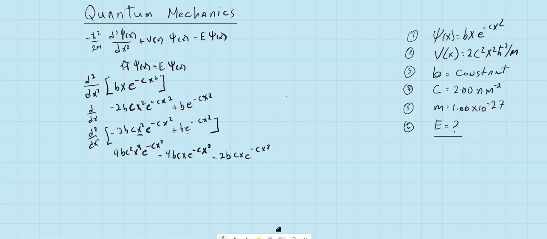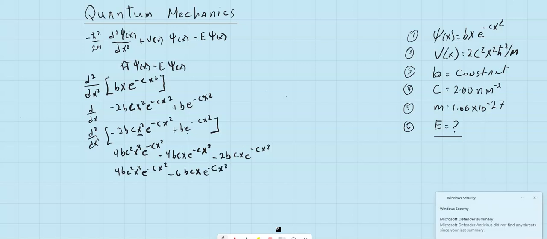Minus 4 and minus 2, it's the same thing, so we're going to add that up. Once we simplify that derivative, it's going to be 4 b c squared x cubed e to the negative c x squared minus 6 b c x e to the negative c x squared.